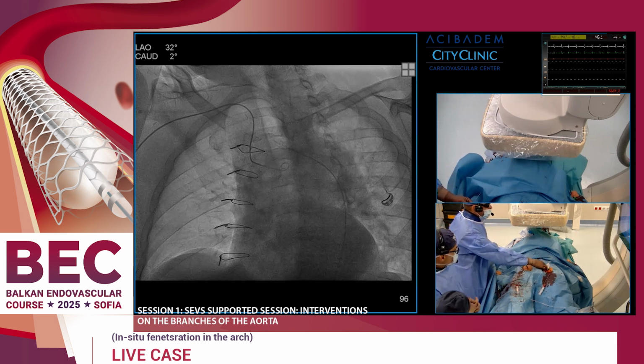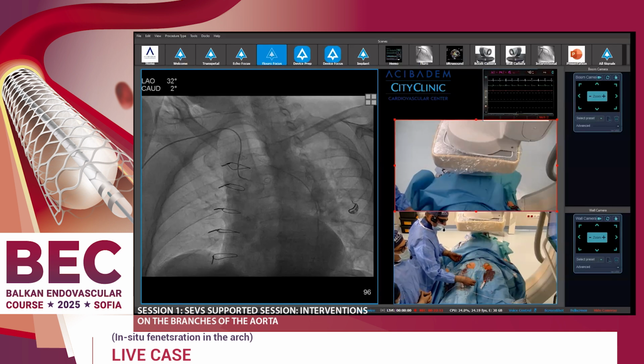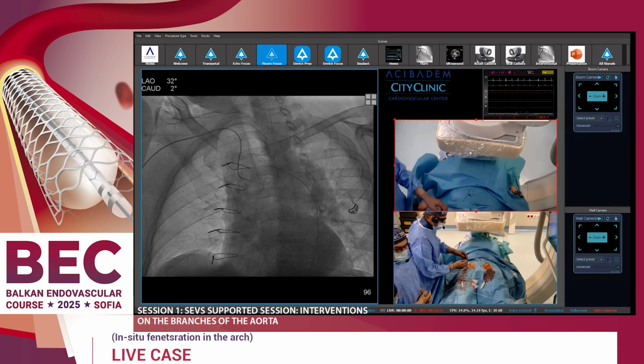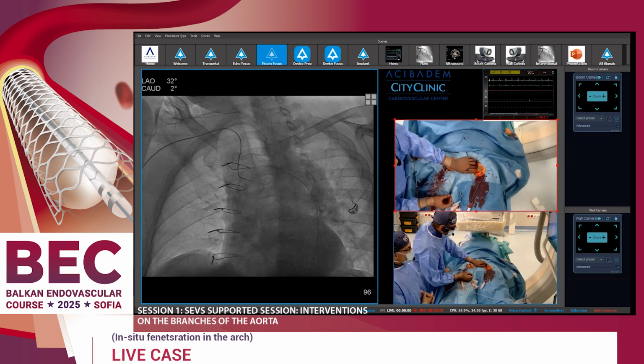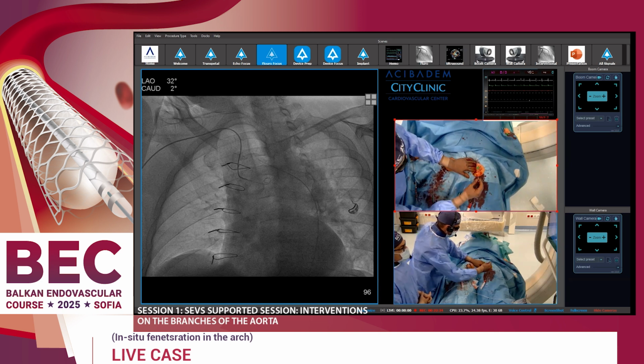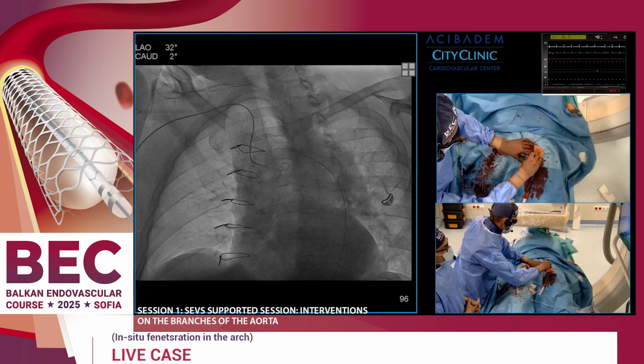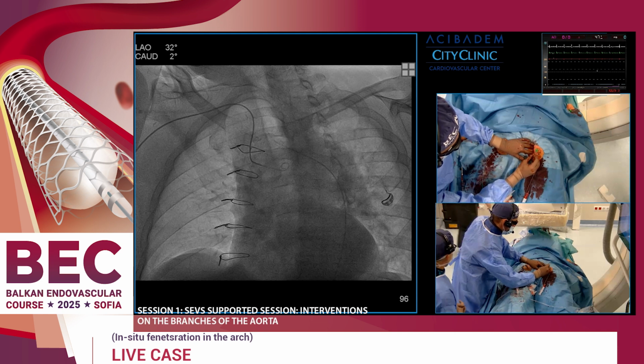We will use this maneuver to provide brain perfusion during the in situ fenestration. This is the second accent of our procedure: in situ fenestration of the aortic stent graft implanted in the arch.